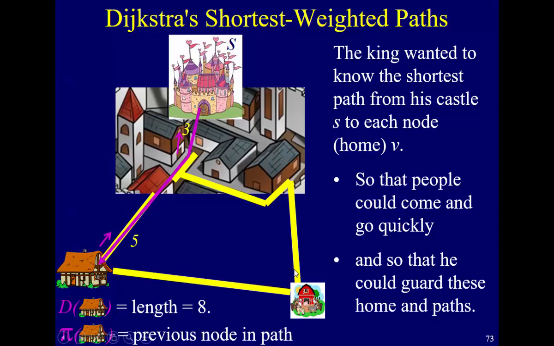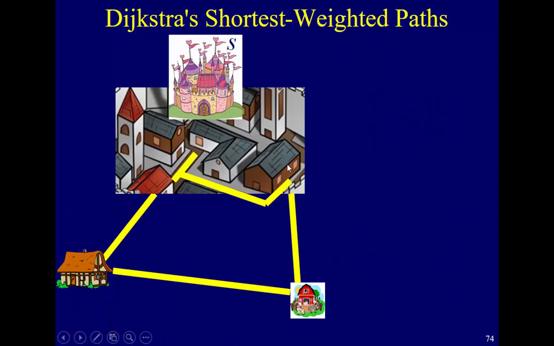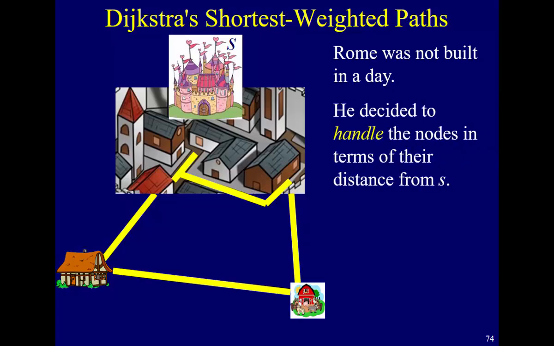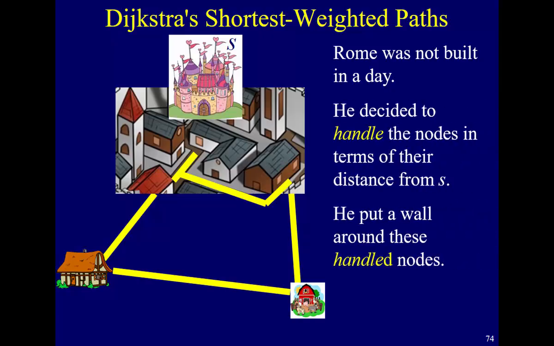And now we're going to set up guards. All right? So we don't build the city all in one day. We're going to build it out, right? We're going to move it out. And so at each particular point in time, there's as we had before, the nodes that have been handled, right, and nodes that have been found.